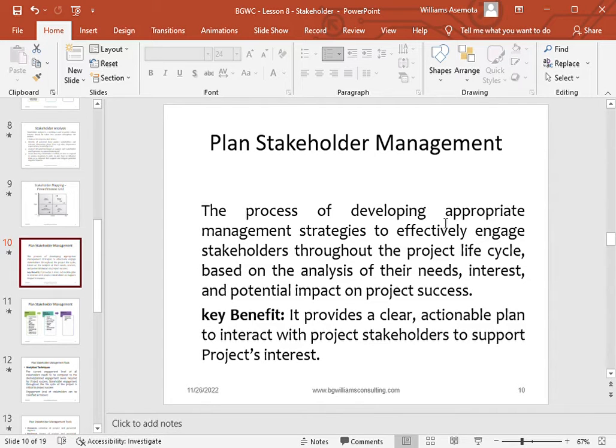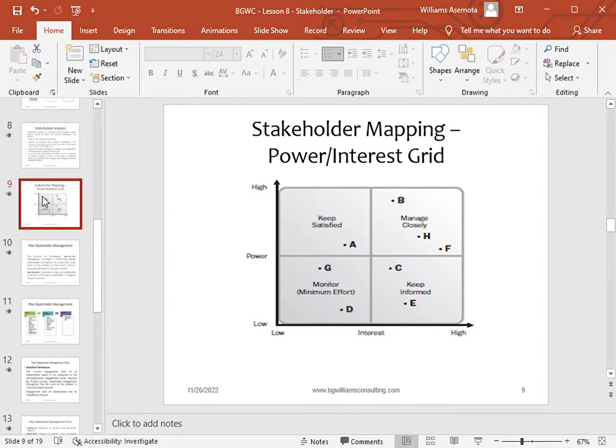So when we say plan stakeholder management, we are saying it is the process of developing appropriate management strategy to effectively engage stakeholders throughout the project lifecycle. What is it based on? Based on the analysis of their needs, interests, and potential impact on success. Which means you have successfully analyzed them in this quadrant. So now you are going to plan which strategy I will use to make sure that with stakeholder A, I'm able to meet up, communicate, build a good relationship, and ensure that he's supporting my project 100%.